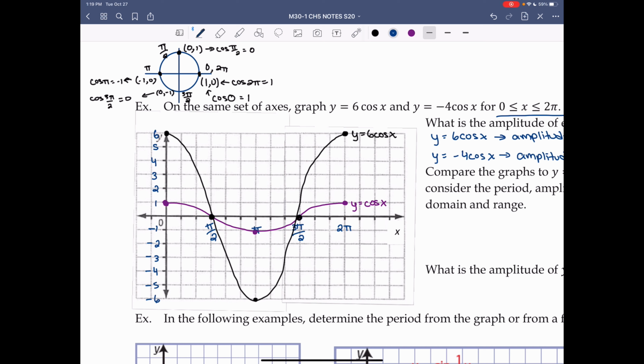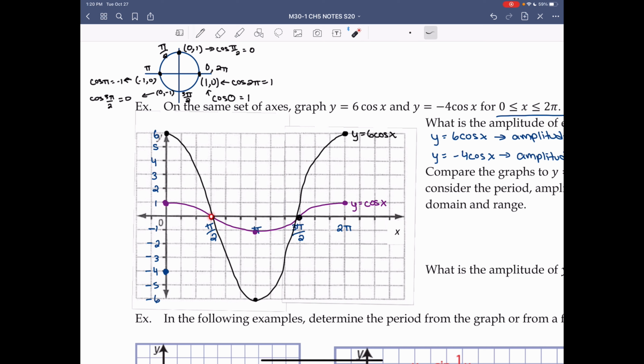Now we do that same process for y equals -4 cos x, but we multiply our y values by -4. The first point here, we have a y value of 1, multiply that by -4, and we get -4. So at an angle of 0, -4 cos of 0 gives us -4.